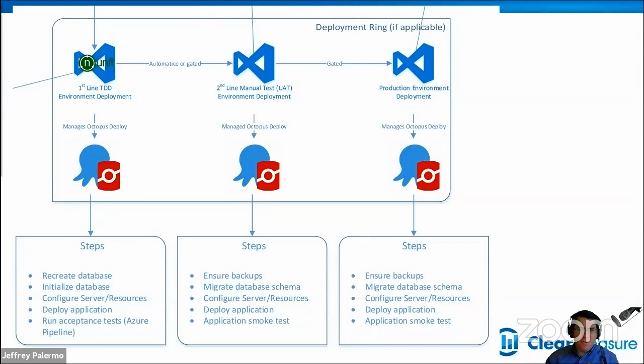But the first line acceptance test, or the TDD environment, that is the one that is new when you're putting together a DevOps pipeline that has everything in it, because you need this first line environment to be automatically deployed right away after your build runs, so that you can validate if the new build is actually deployable or not.